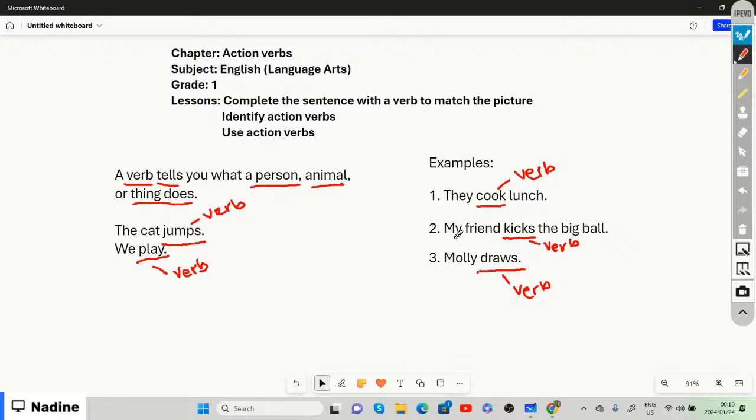So now we said a verb is a doing word. Can you think of any other doing words? We specifically mentioned jumps, play, cook, kicks, draws. Those are doing words. Can you think of any other verbs or doing words?